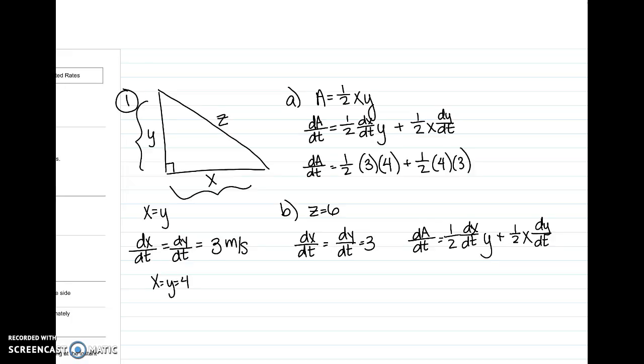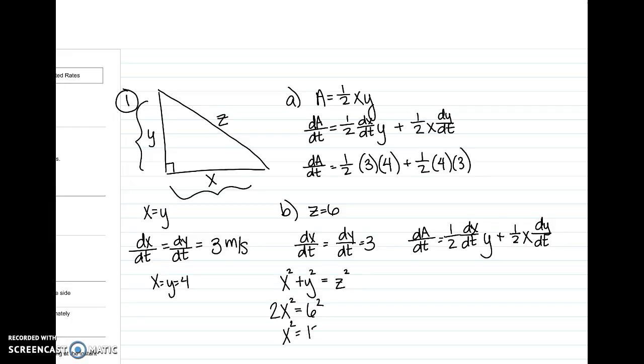Okay, so if z is 6, x squared plus y squared equals z squared, right? All we need are x and y. x and y are the same, so x squared plus x squared, which is 2x squared, equals 6 squared, right?